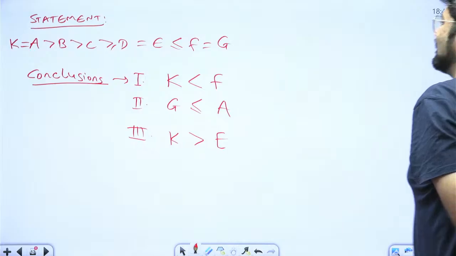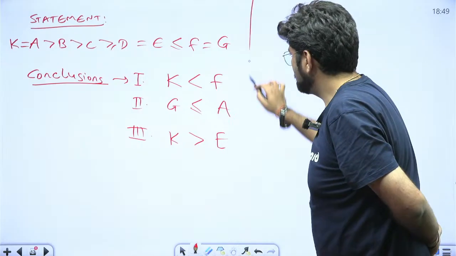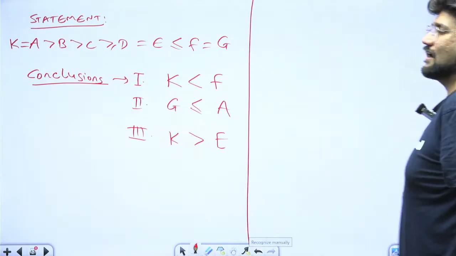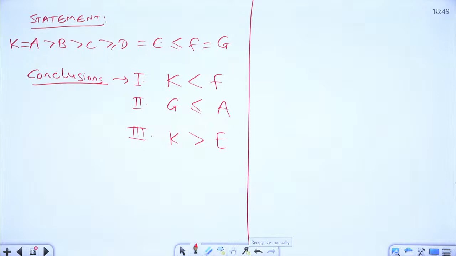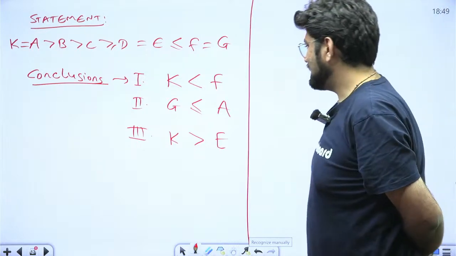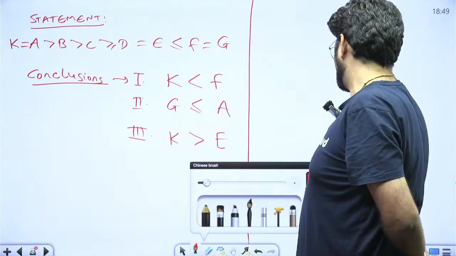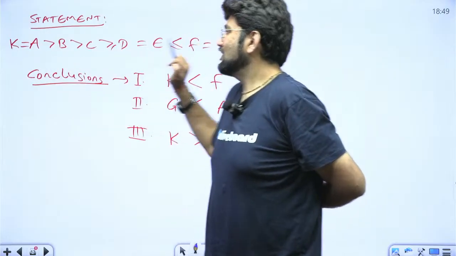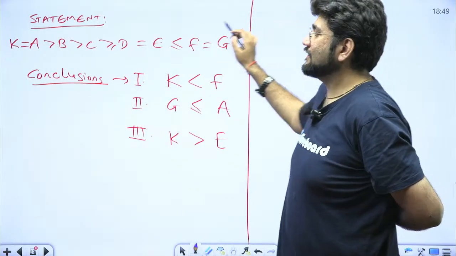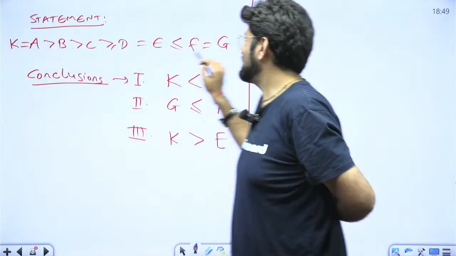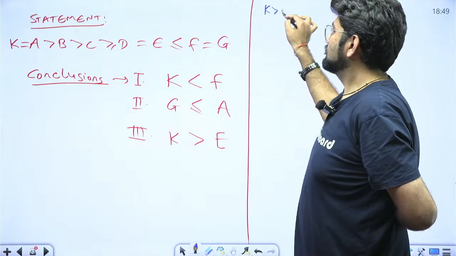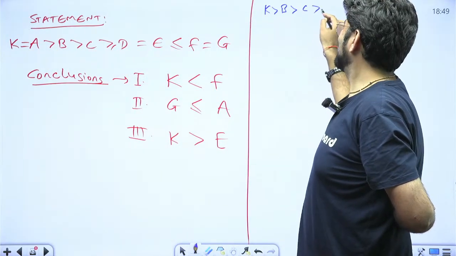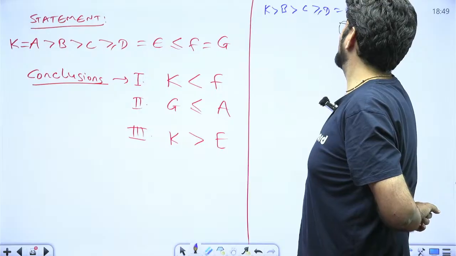So I will check now. First relation we need to check between K and F. How do we proceed? We'll proceed three at a time. So I will say K equal to A greater than B. So I will drop equal to and I'll say K is greater than C, greater than equal to E, then equal to.